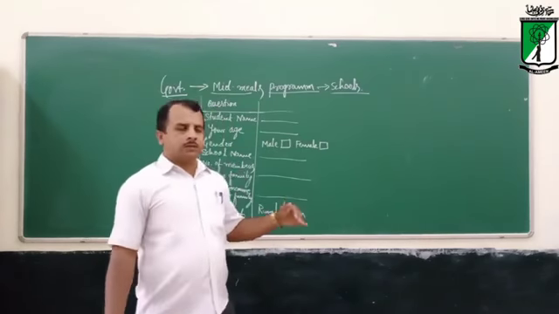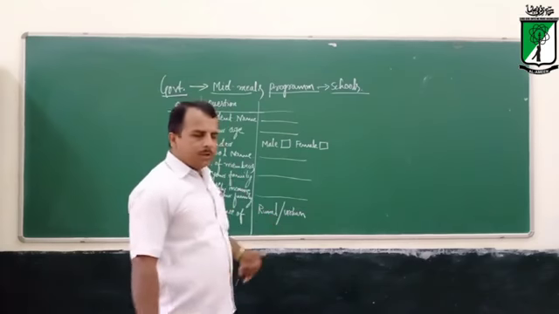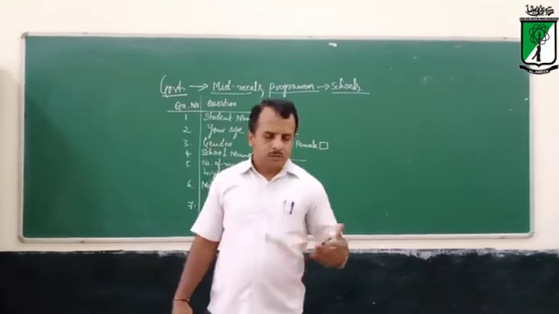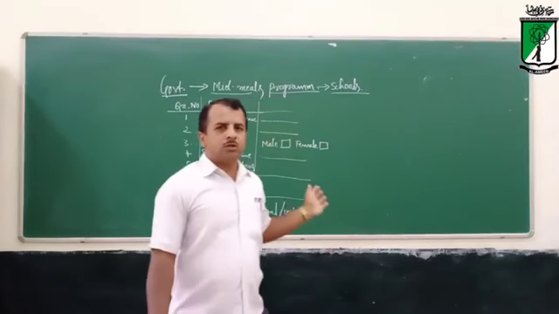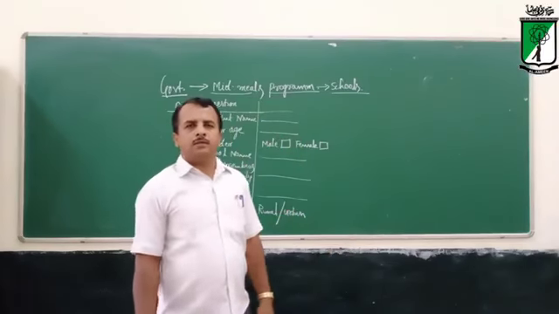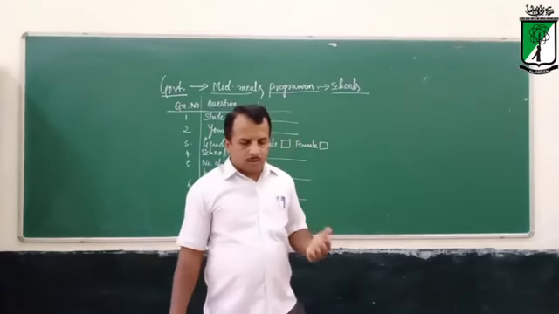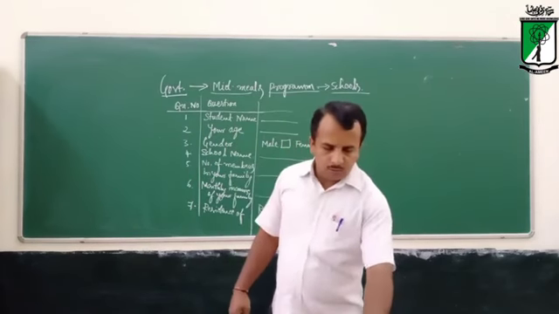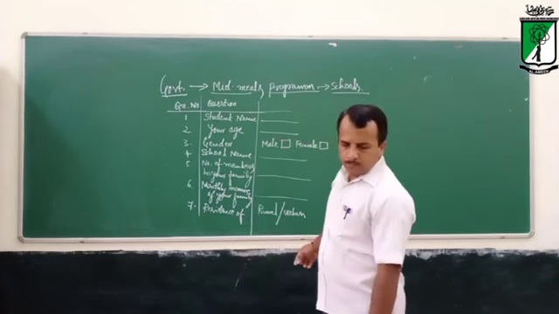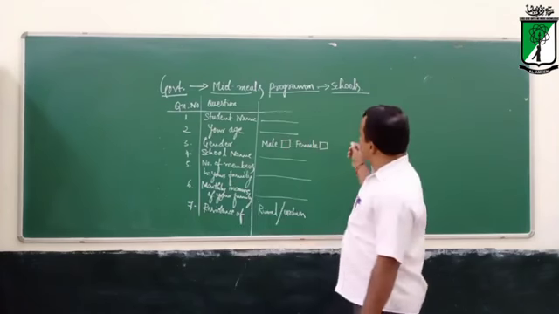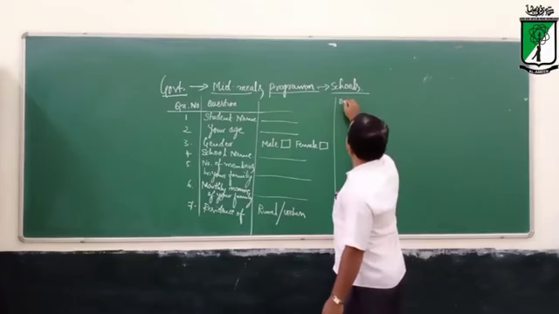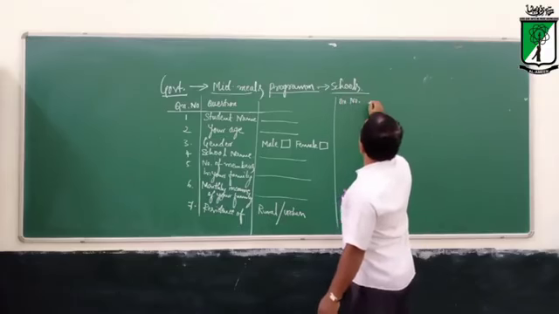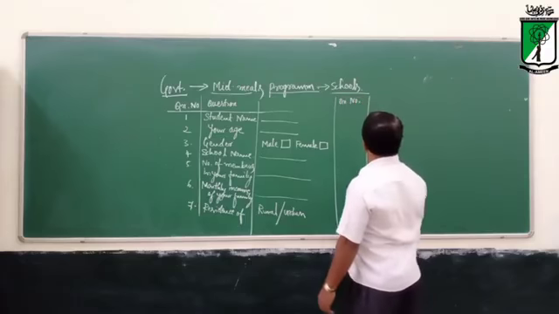So likewise there will be a few questions. For some questions they may find choices. For some questions they need to write the answer directly. Then questions will be continued here, question number and question.